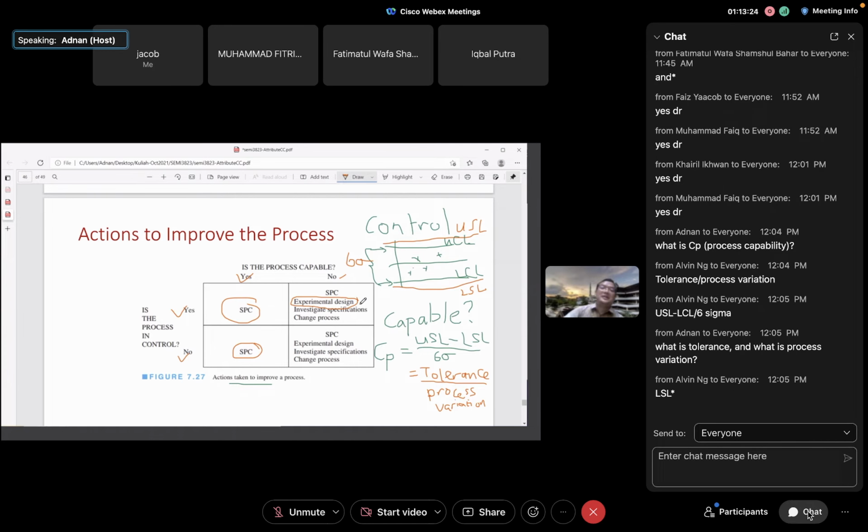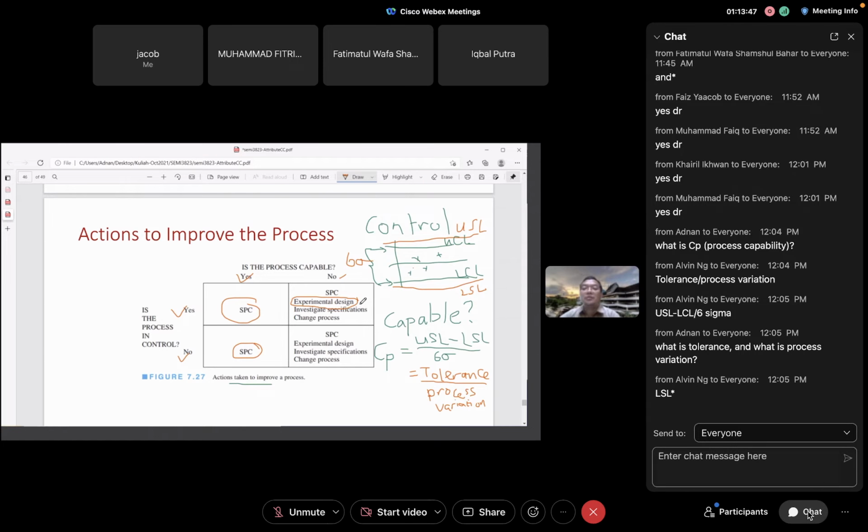Experimental design. You are going to study design of experiment in another course, quality engineering, where you will investigate what should be the correct setting for that process. Maybe the setting that you have chosen is not correct.